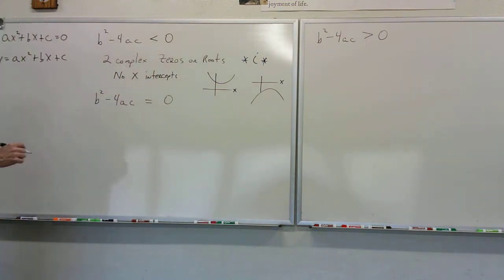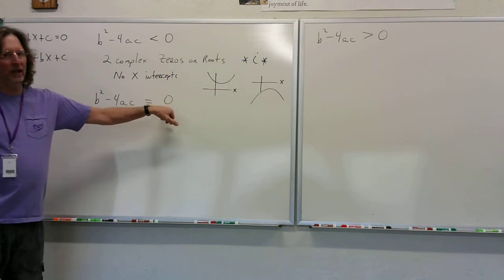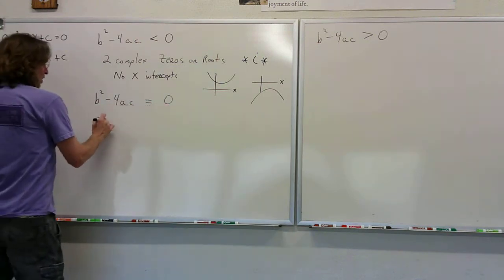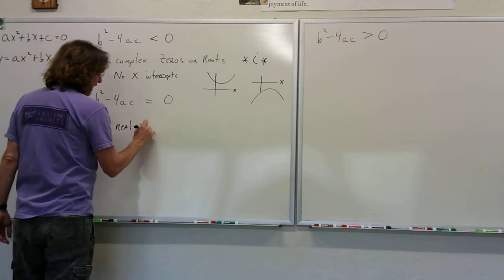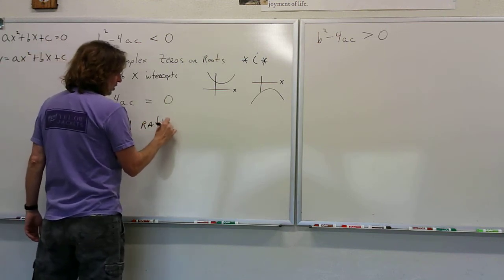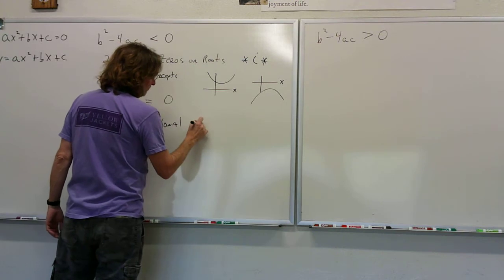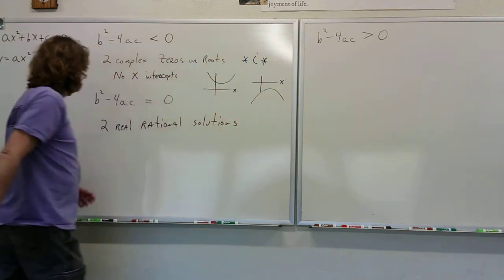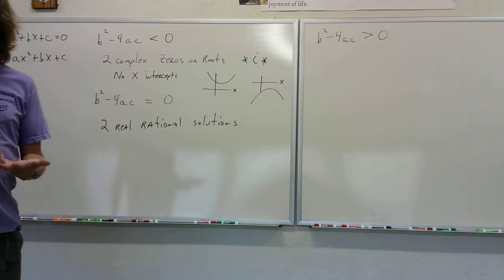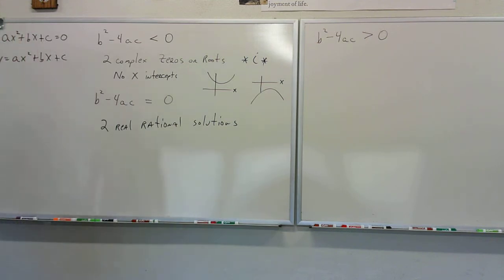Now, b squared minus 4ac equals exactly 0. You get two real, rational solutions. All right? And by rational, that means that they are a fraction, like 5 over 1.